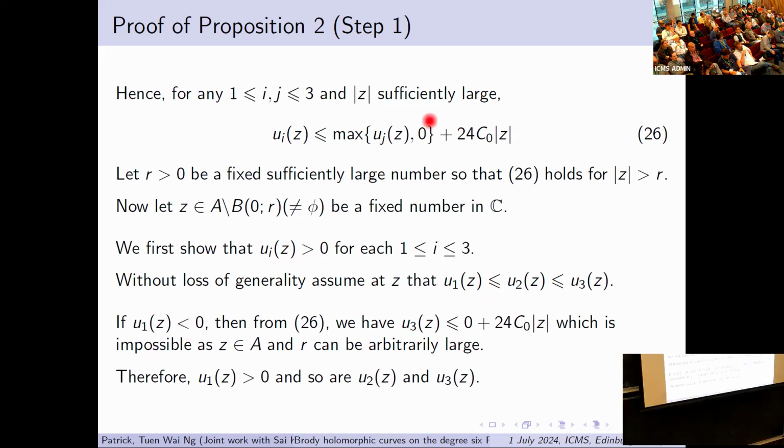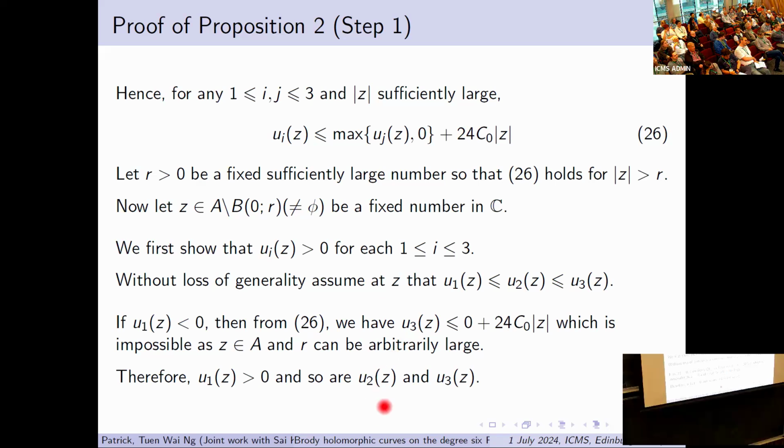And then we apply 26. So you take this u1 and then this u3, so you get this one here. However, we know that our point here is chosen from A. And so this functional value would be greater than the absolute value to the power 5/3 minus something.